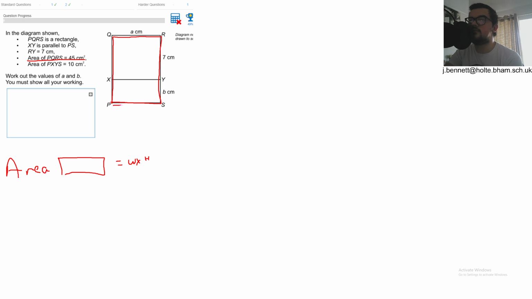So the width is this, and we know that this and this and this are all the same because rectangles have parallel equal opposing lengths.